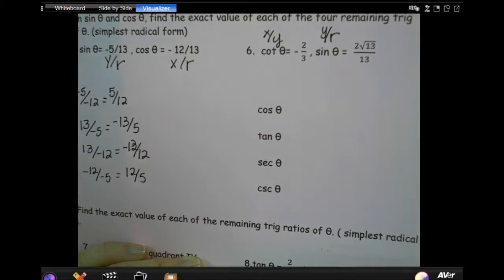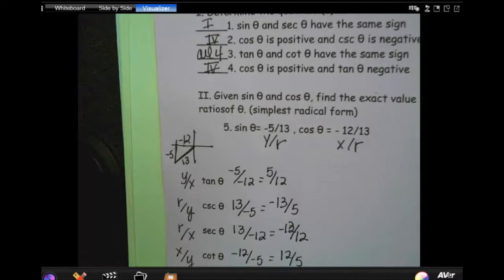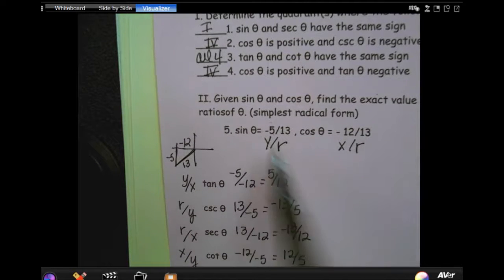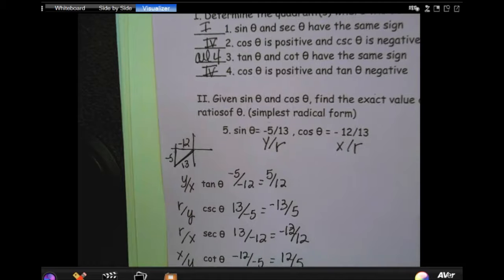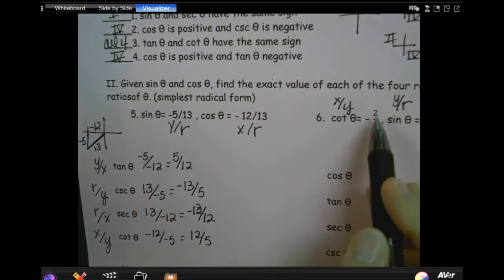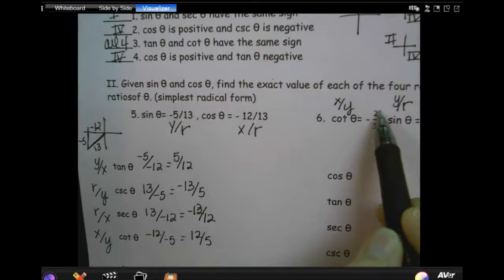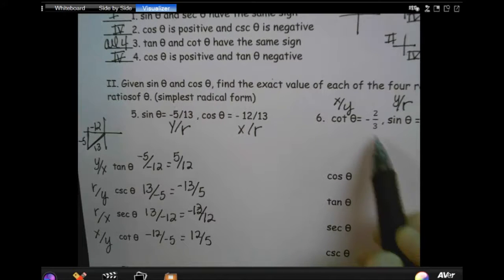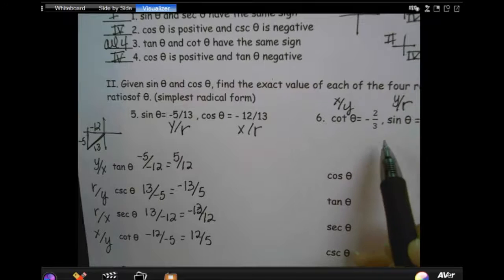Okay, on the last one, they were both 13, right? And so if I did 5 squared plus 12 squared and took the square root, that gives me 13. But watch what happens here. If I know this is x and I know this is y, so if I take 2 squared plus 3 squared, what do I get?